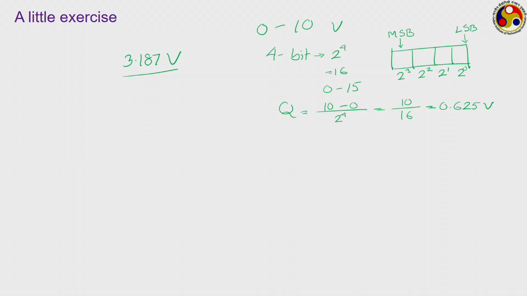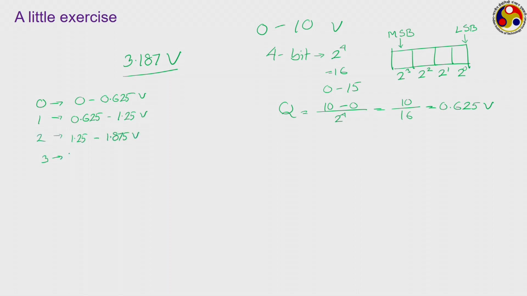We can identify it in a very crude way, or we can go in a more systematic pattern. Crude way means, let us say the first level, level 0: what should be the voltage corresponding to this? It should be 0 to 0.625 volt. Then level 1 corresponds to 0.625 to double of this, that is 1.25 volt. Level 2 should be 1.25 to 1.875 volt.